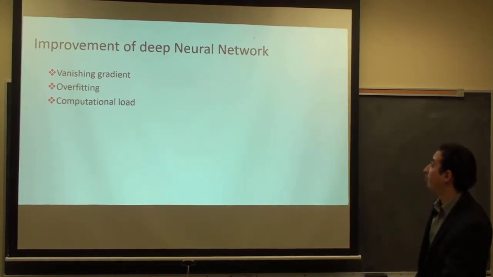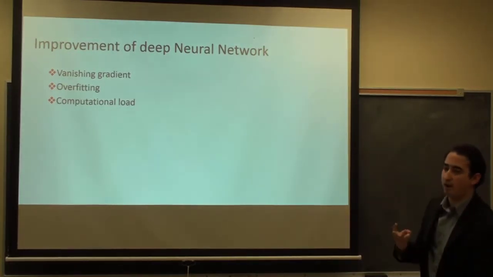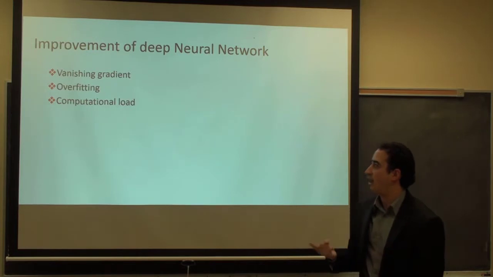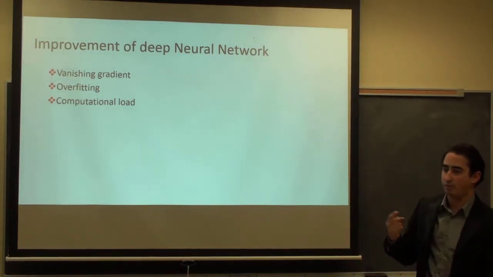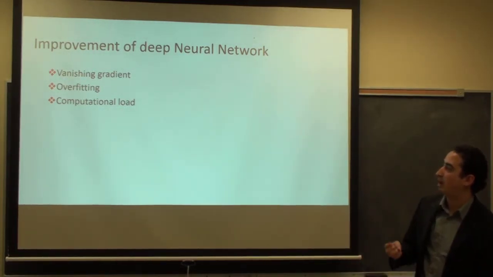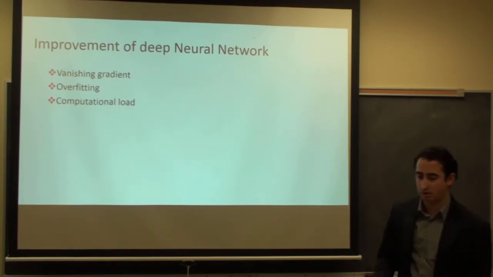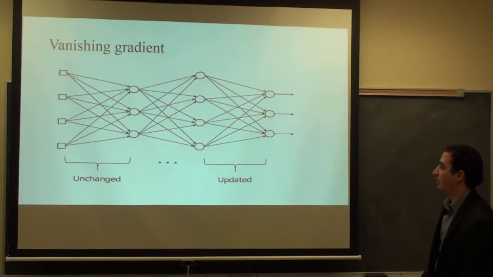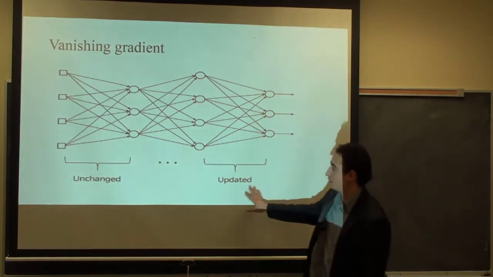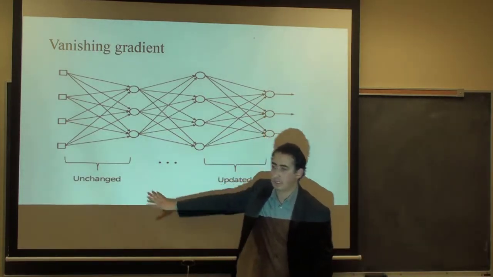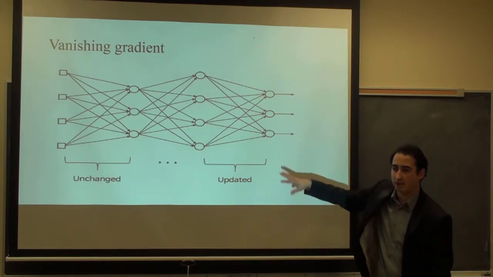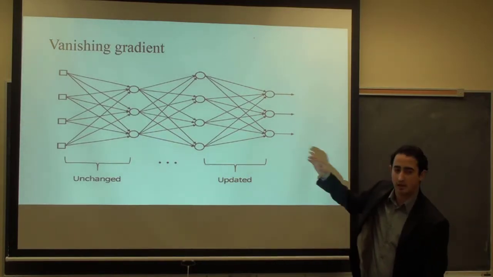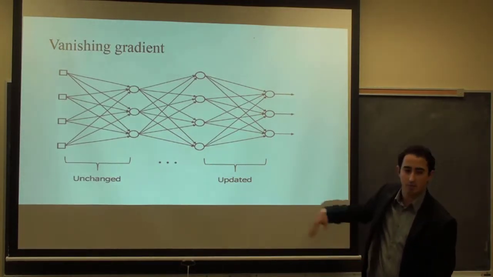So how do we improve our deep neural network? We have 3 things: vanishing gradient, the problem of overfitting, and computational load. So what is vanishing gradient? If we see the picture, our input and first layers are unchanged, we just update the outputs and keep updating to get more accuracy.